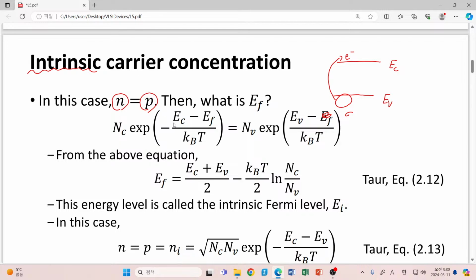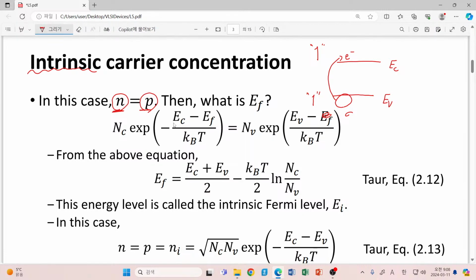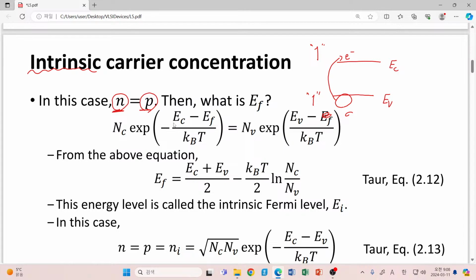So in this case, if we have one electron in the conduction band, then it means that there is also one empty state originated from this transition of an electron from the valence band state to the conduction band state. So now we can say that the electron density equals the hole density. You know that there is another way to provide some conduction band electrons.